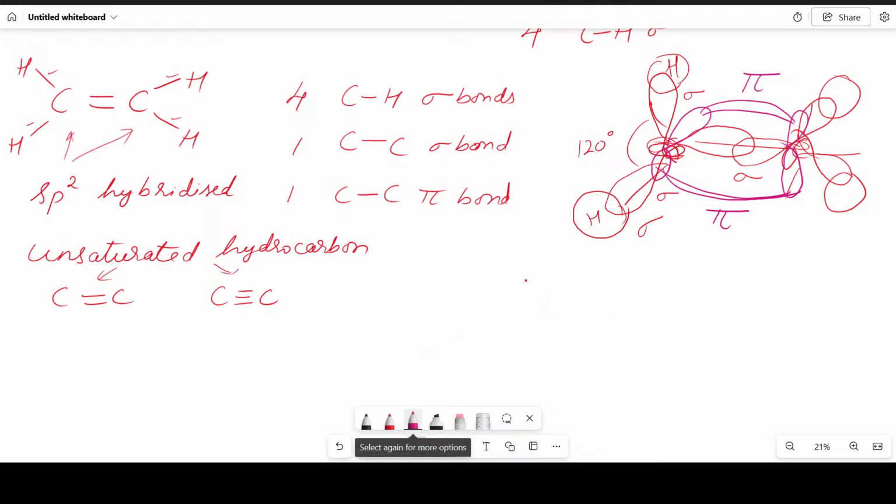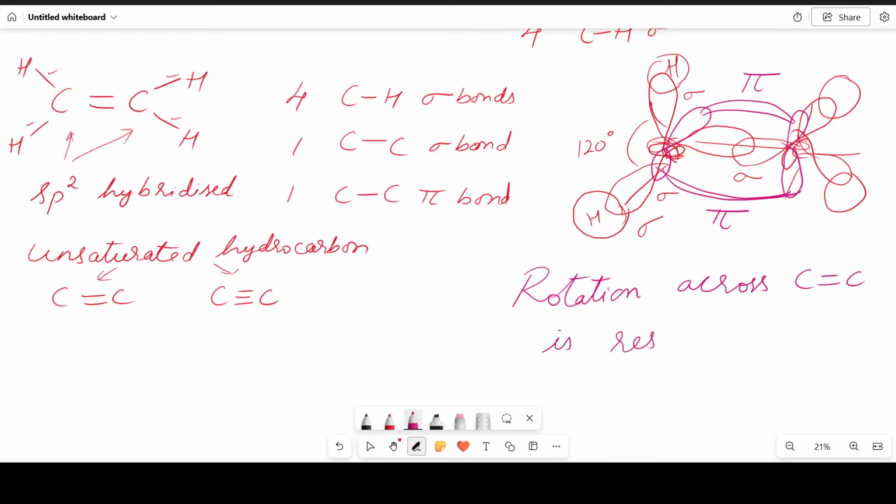Now the rotation across carbon-carbon double bond is restricted. When it comes to sigma bond, it can easily rotate, but when there are pi bonds, the rotation is restricted.